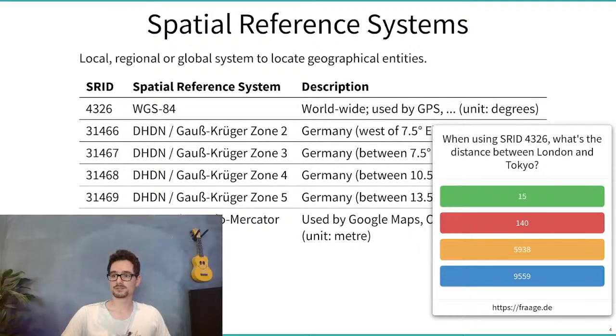Yeah, what would you say? We are using, so go to frage.de, we are using SRID 4326. What's the distance between London and Tokyo? I just made up 4 values. Choose the one which is more plausible for you.